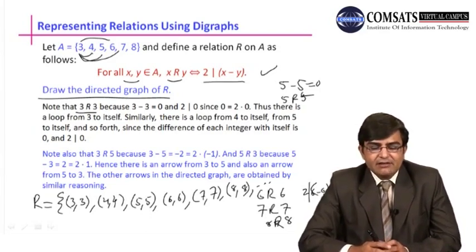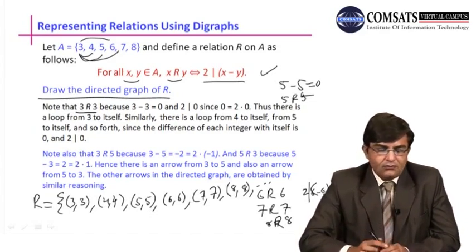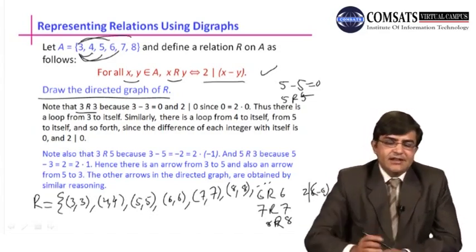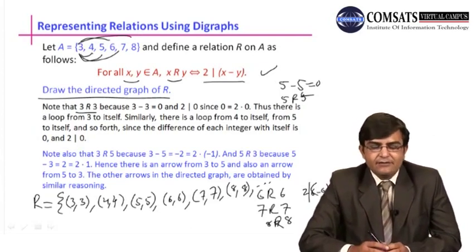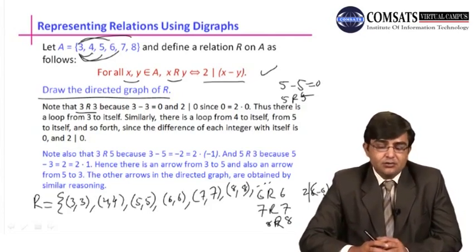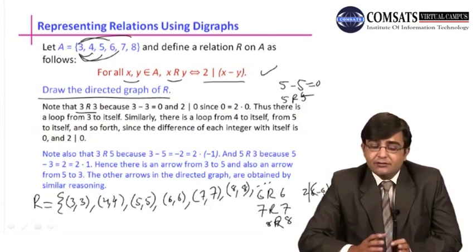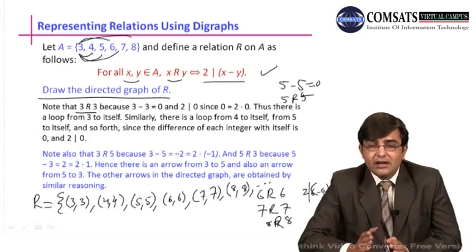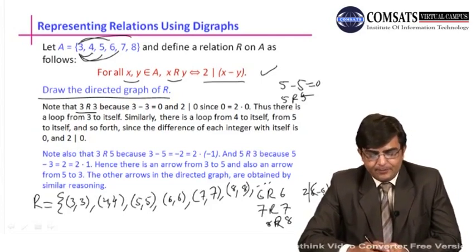Therefore 3 and 7 are related, and similarly 7 and 3 are related. Now we check 3 and 8. 3 minus 8 is minus 5 and 8 minus 3 is 5, and 5 is not a multiple of 2. Therefore 3 and 8, or 8 and 3, are not related.